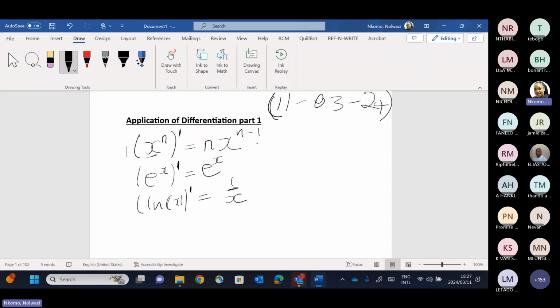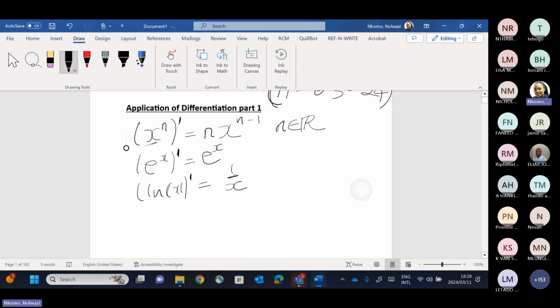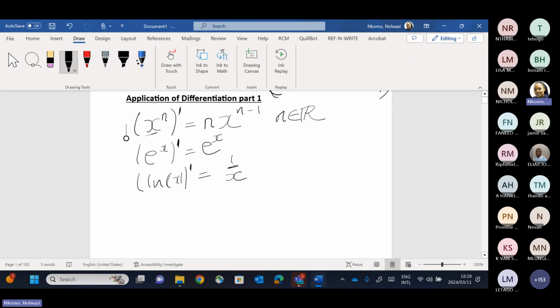Here, n can be an element of the real numbers, all right? Then we have, let me see. Okay, just these ones for now.